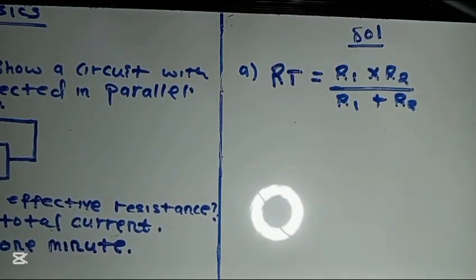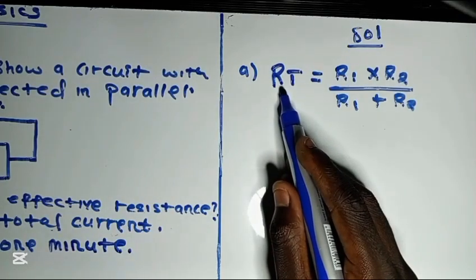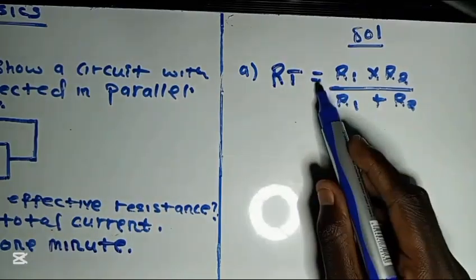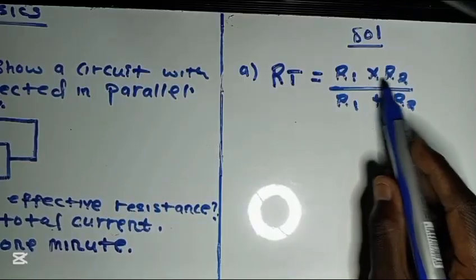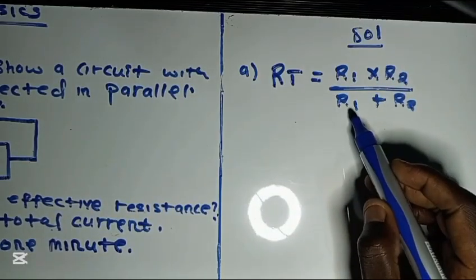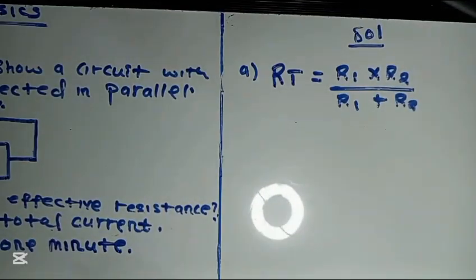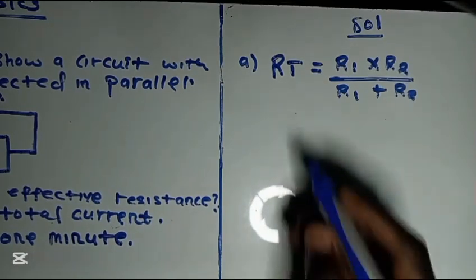That is our formula for total resistance in parallel. So RT means total resistance, which is equal to resistor 1 times resistor 2 over resistor 1 plus resistor 2.